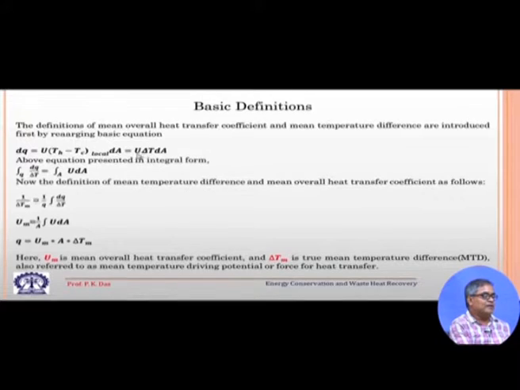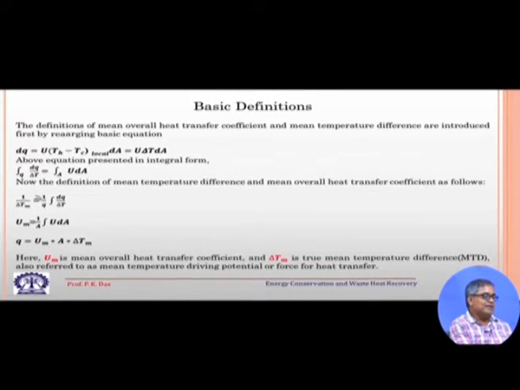So, we get U into delta T into dA. The above equation can be presented in an integral form, and this is what we will get, where U is the capital U, that is the overall heat transfer coefficient. Now, the definition of mean temperature difference and mean overall heat transfer coefficient is as follows.